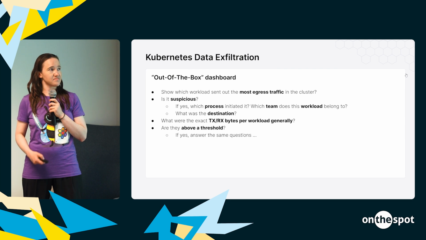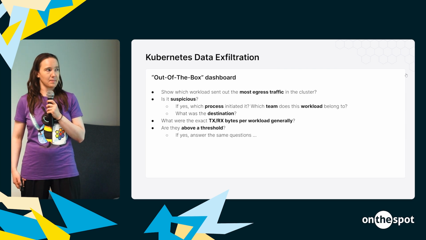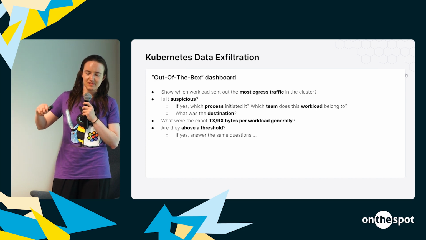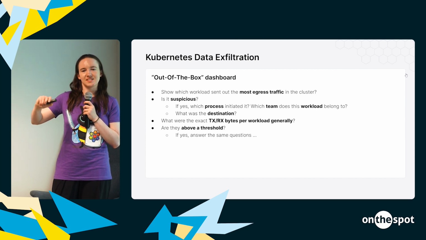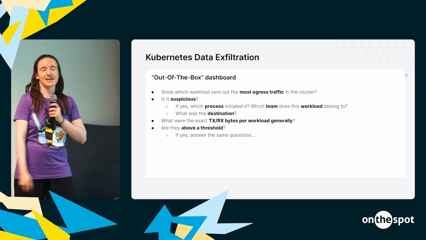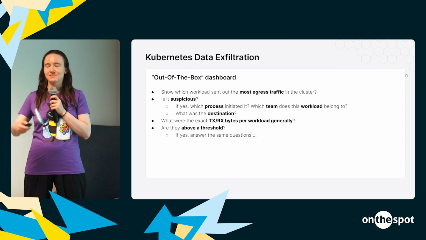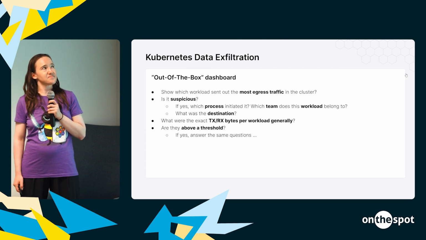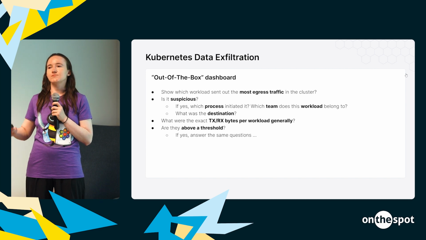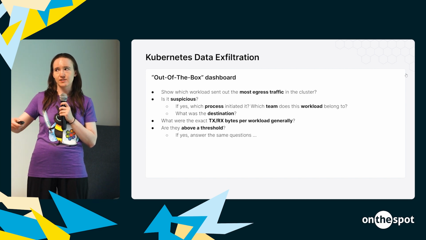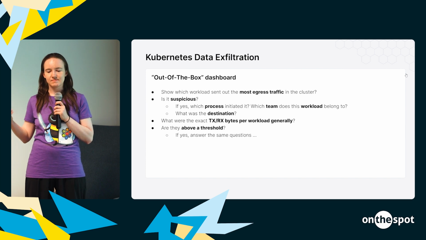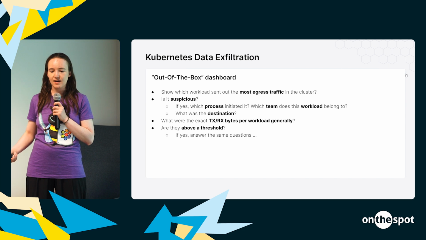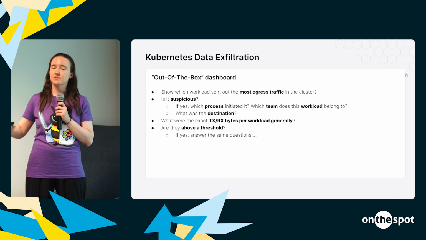And data exfiltration. Something that we found out is that many people are mostly interested in external traffic when using Tetragon, because external traffic is usually associated with higher cost, like requests to a SaaS platform, or external requests are usually charged more by cloud providers.